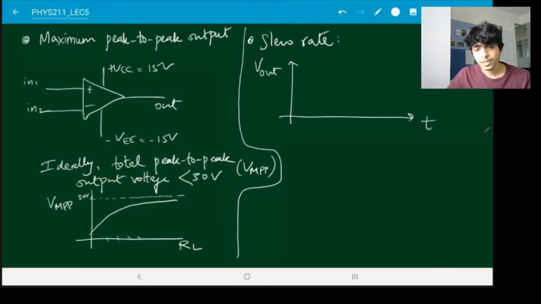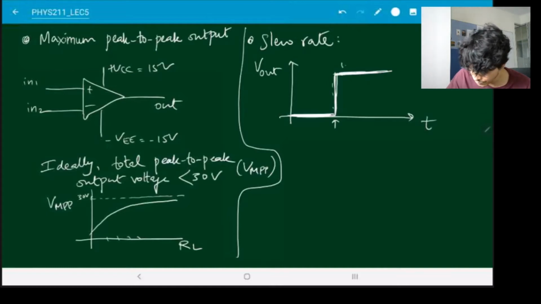Right now let's say the voltage is 0, and at some point it has to switch and become some high value. So for an ideal op-amp, this switch will happen instantaneously. It's 0, then at this particular instant in time, it suddenly jumps up and becomes high. So this is for an ideal op-amp.